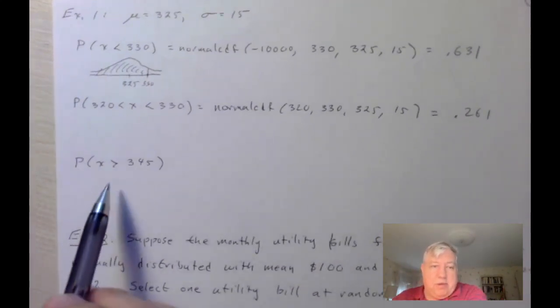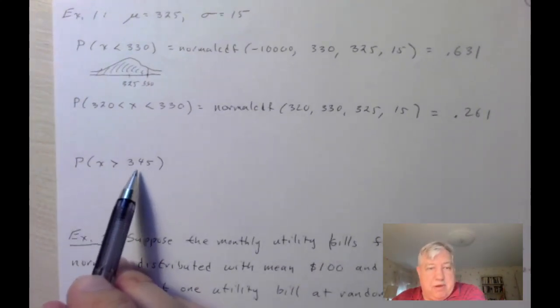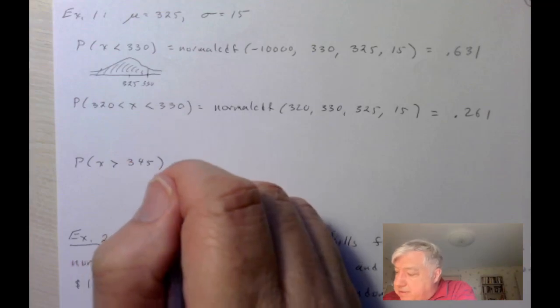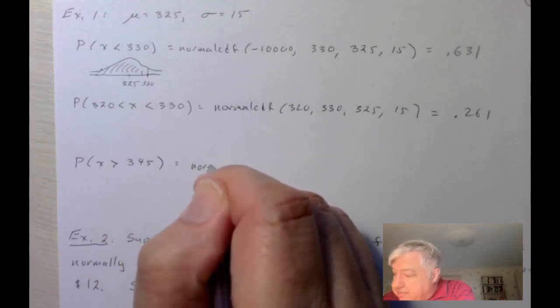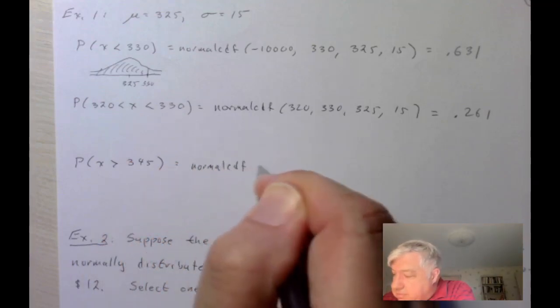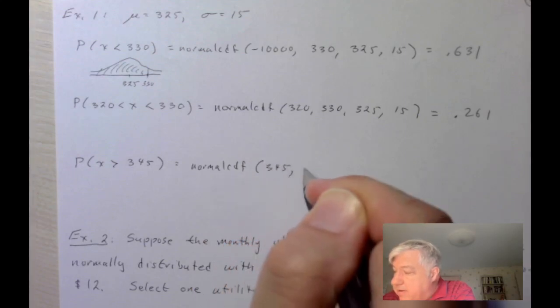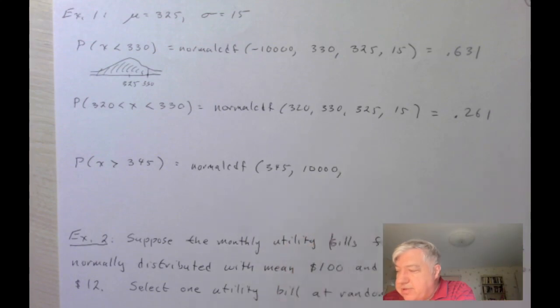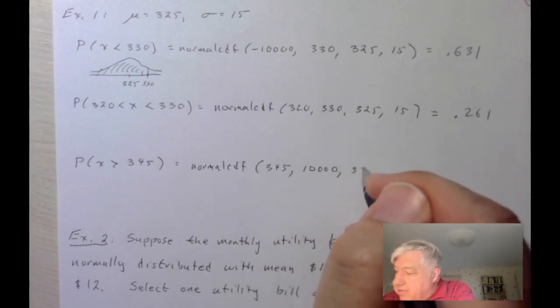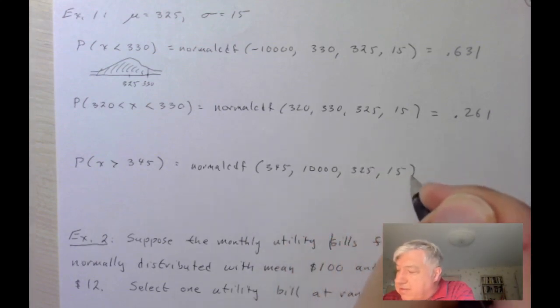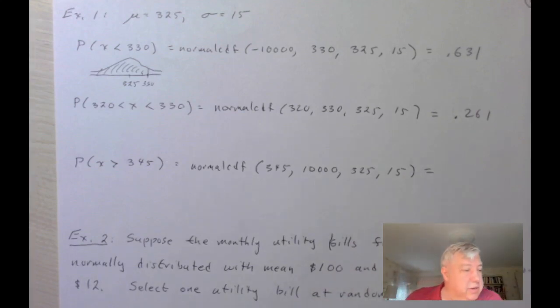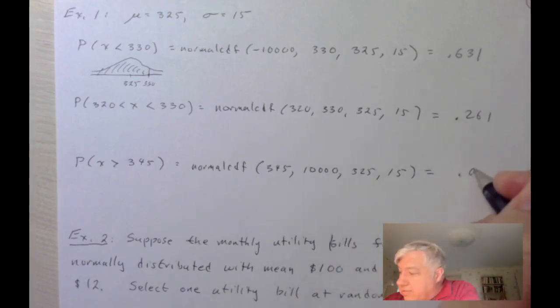And the probability that x is bigger than 345 is normal CDF of 345, 10,000, positive 10,000. We'll use that for positive infinity, 325, and 15. And on our calculator, that is 0.091.